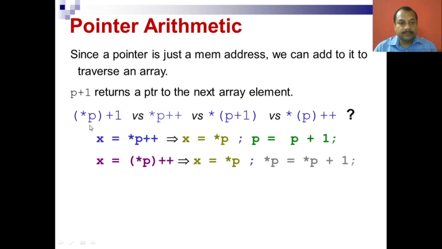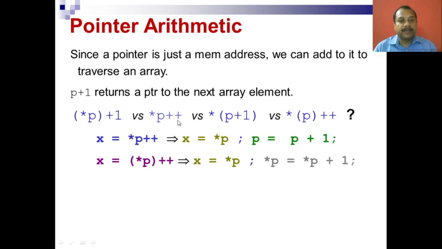By this time, I guess I can tell you that *p will be the content of that element. If I do (*p) + 1, this will actually add 1 to the content of the memory location whose address is stored in p.